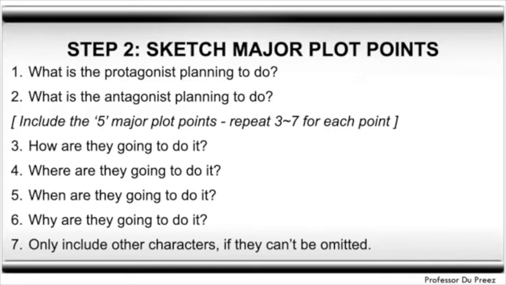And the most important secondary character, who is the sidekick or love interest, but only include characters if they can't be omitted. Only do the villain and sidekick related to the protagonist.